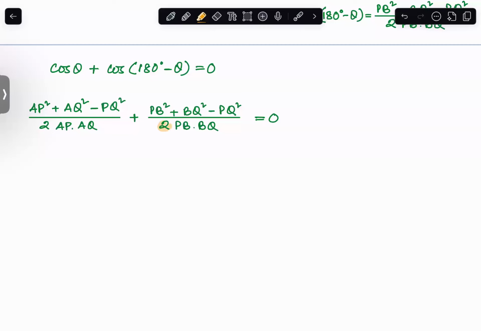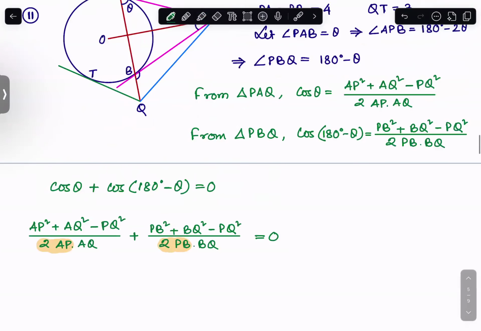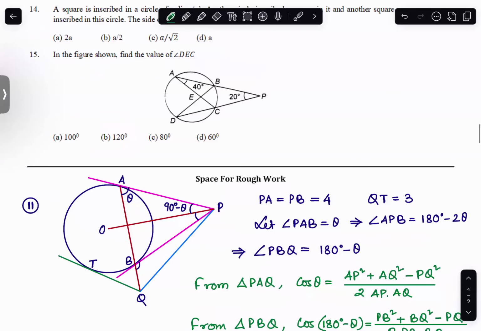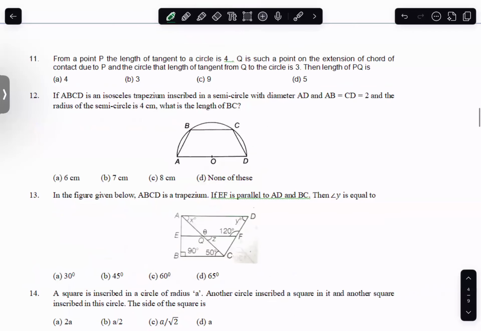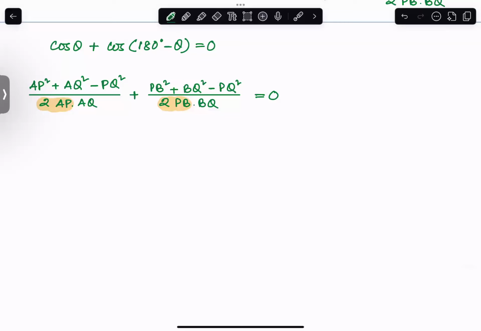Now from the denominator, twice PB and twice PA are identically same, hence can be left out. Okay? Yes, sir. So AP, which was how much length it was? 4. That's been equal with PB square.